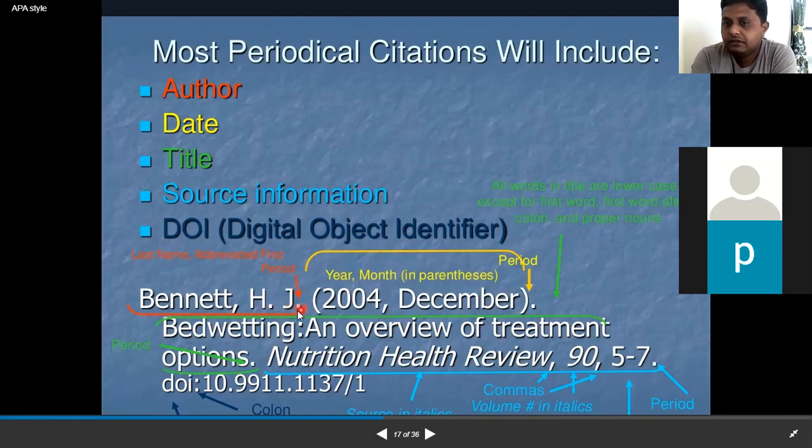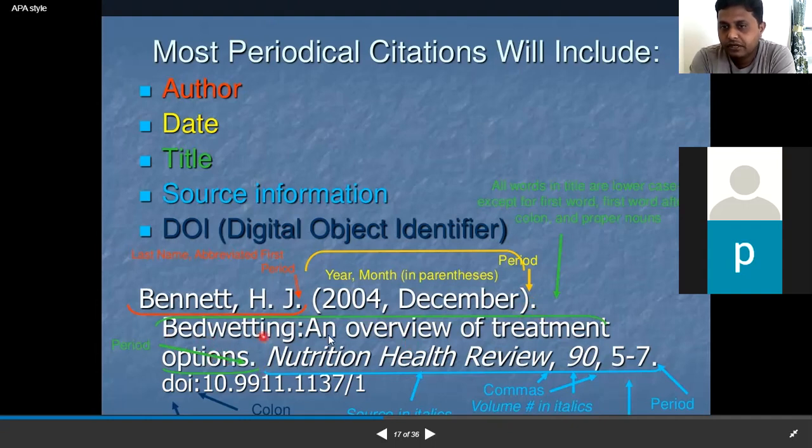Then comes a full stop, and a bracket. Within the bracket, we have the year, and if the month is available, we can mention the month. After the year, there should be a comma, and after the information of year and month, the bracket is completed with a full stop.